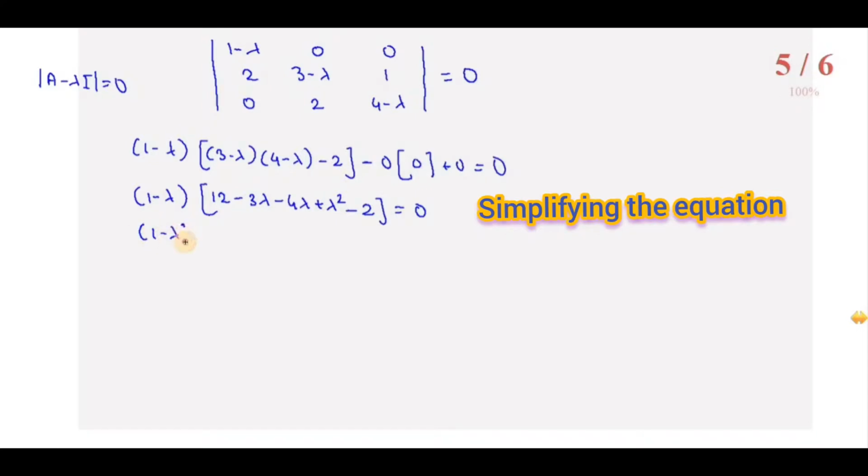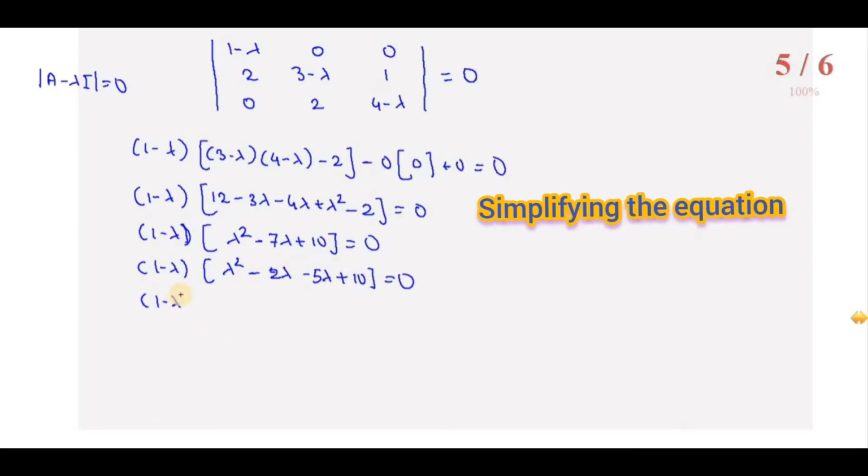So this equation becomes lambda square minus 7 lambda plus 12 minus 2, that is plus 10, is equal to 0. So we can write it like this: 1 minus lambda, times lambda square minus 7 lambda plus 10, which splits as lambda square minus 2 lambda minus 5 lambda plus 10, is equal to 0.